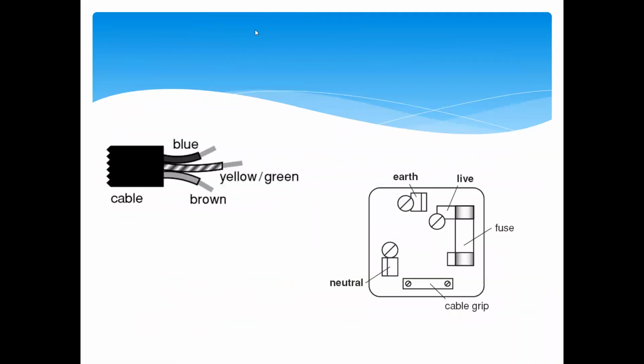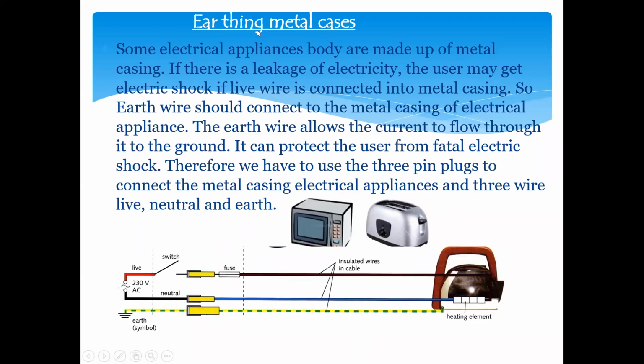You can also identify the type of wire by using the color. The live wires are represented by a brown color wire. The neutral wires are represented by blue, and the earthing wires are represented by yellow and green. This is a standard used to identify which one is live.